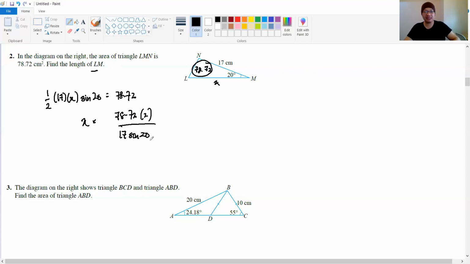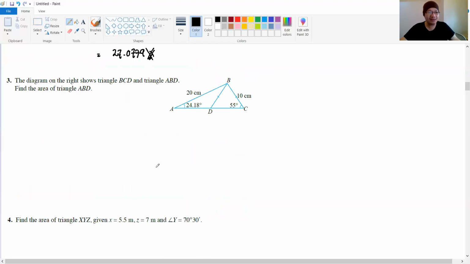So x here will be 78.72 times 2 divided by 17 sine 20. This is the answer we are supposed to get, 27 something. 270779. That's my answer. Please double check. Done. Very straightforward.